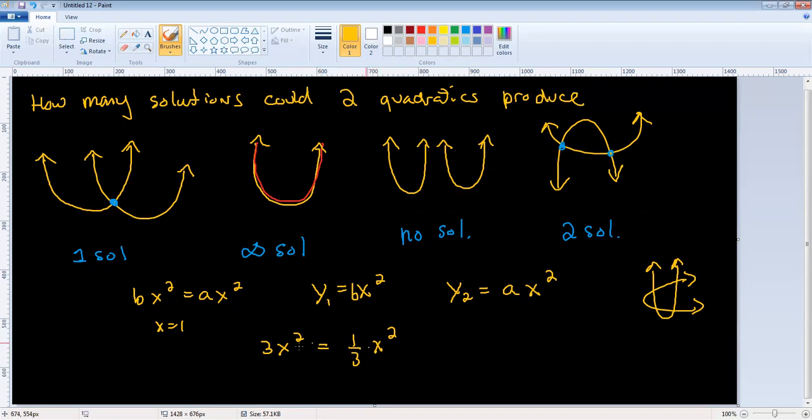Well, we can always find something that works, but I think this would just be a one solution case. I don't think we would get anything weird here. So one challenge is to see if you can come up with something. This case right here, this is this, and this is this, with only one solution right here at 0.